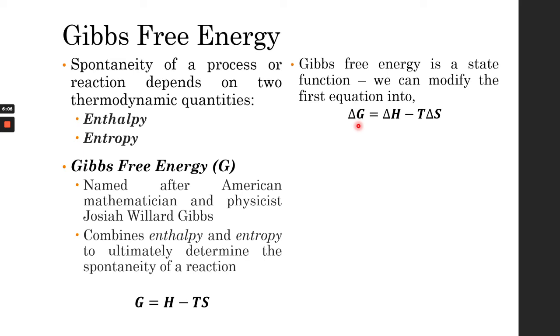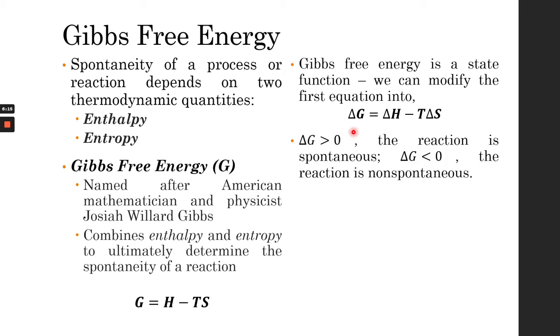Delta G, or the change, is basically the difference between the reactants and the products, wherein you have the products minus the reactants. I want you guys to remember that when we solve for this, if delta G is less than zero, meaning it is negative, the reaction is spontaneous.